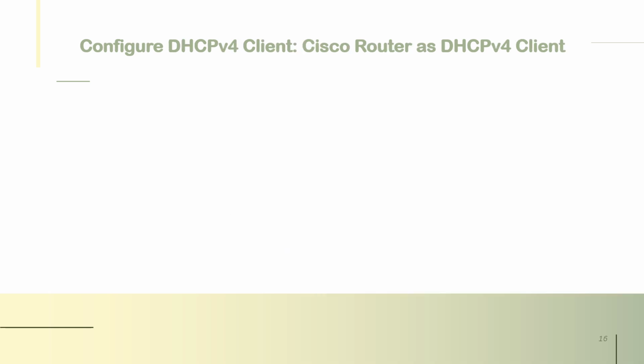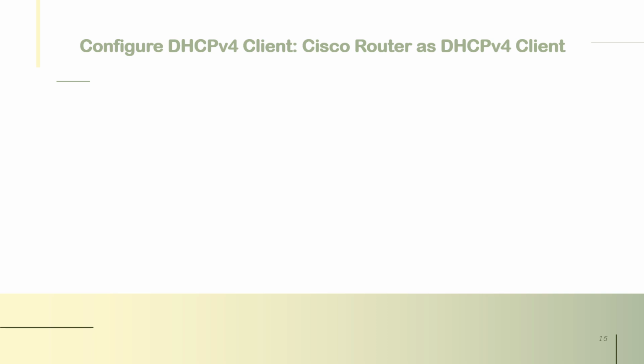Because there are scenarios where you might have access to a DHCP server through your internet service provider, and you can configure a Cisco IOS router as a DHCPv4 client. So sometimes Cisco routers in a small office or home office and branch sites have to be configured as a DHCPv4 client in a similar manner to client computers.